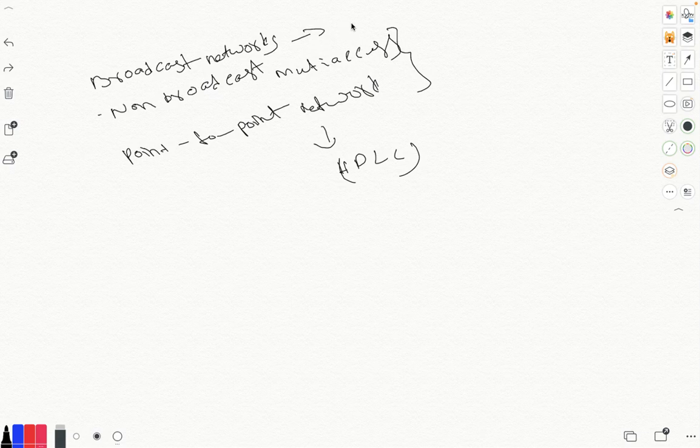Ethernet and FDDI are broadcast, and Switched Multimegabit Data Service is non-broadcast. These are the three different media types in OSPF.